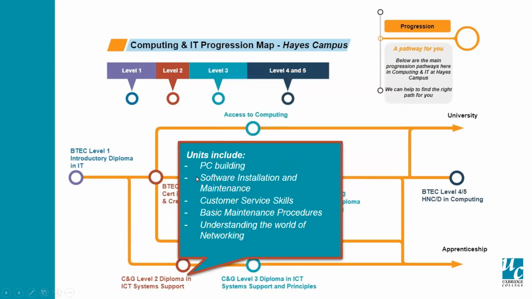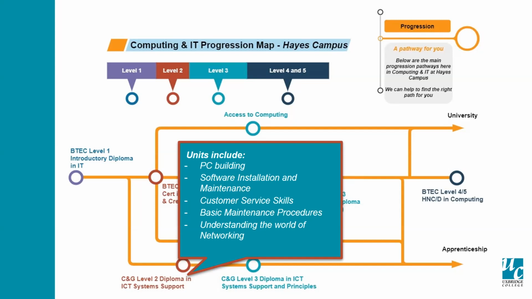And then we also have City and Guilds level 2, which, if your son or daughter is not particularly focused on going to university and they want to do something practical leading into maybe a software support role in a company, this would be the type of course that would be suitable.